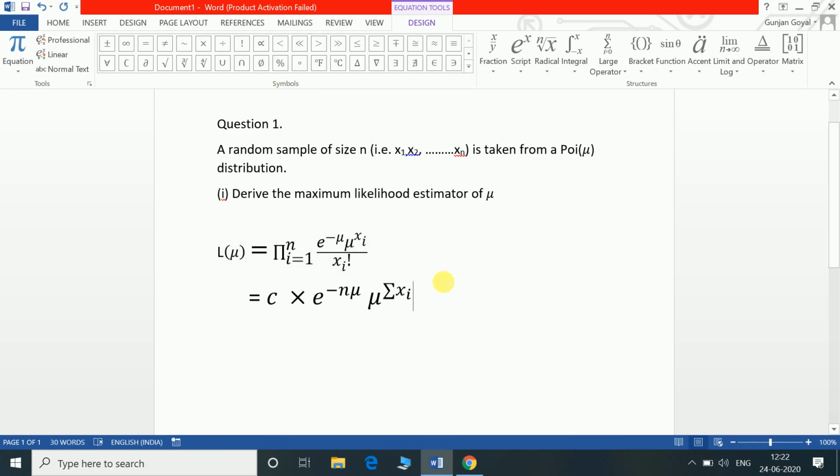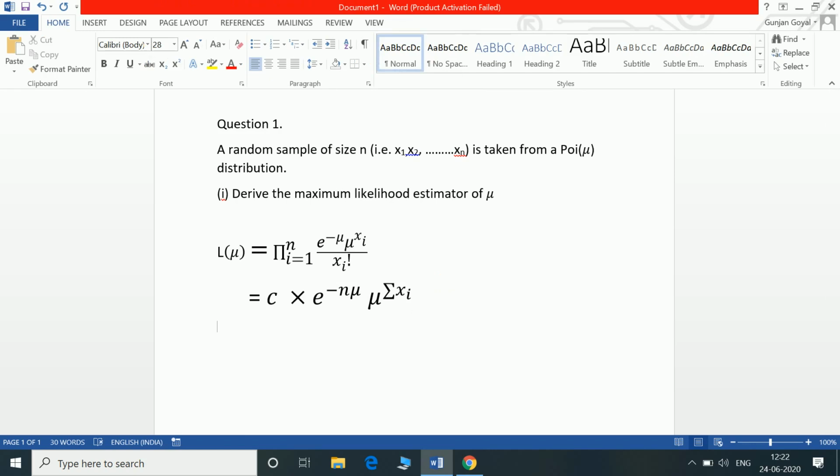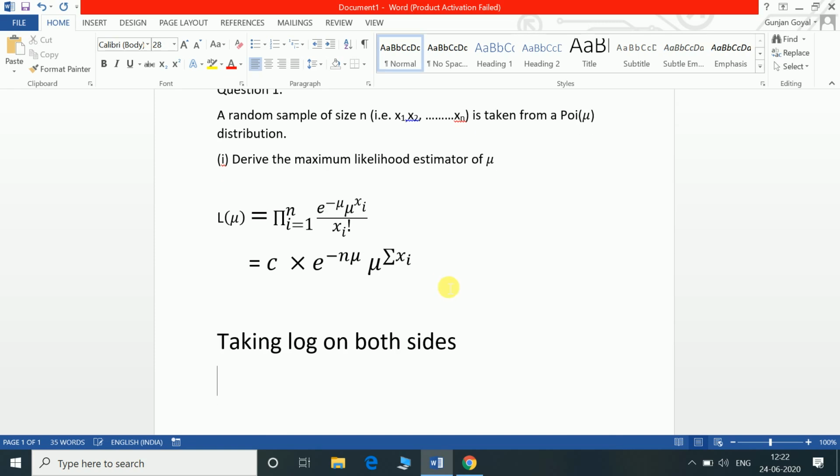Okay, and now I come to the next line. Now what I need to do is take log on both sides. So I write taking log on both sides. Now we'll write ln, which is this function ln, and you can copy this from here.